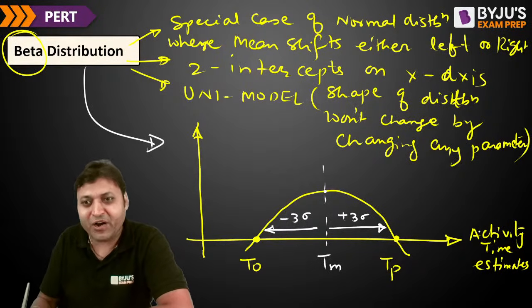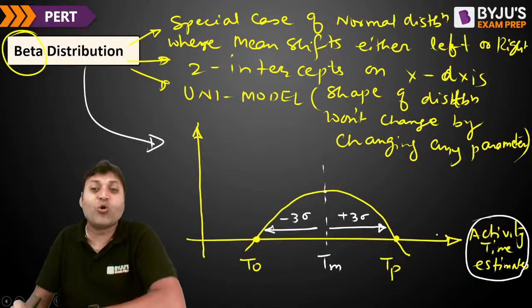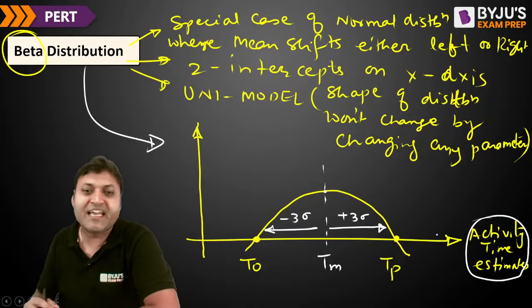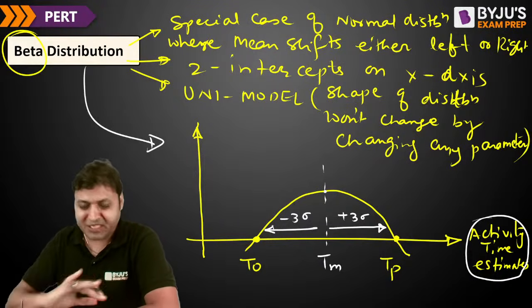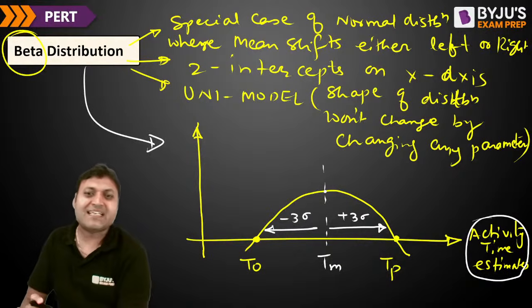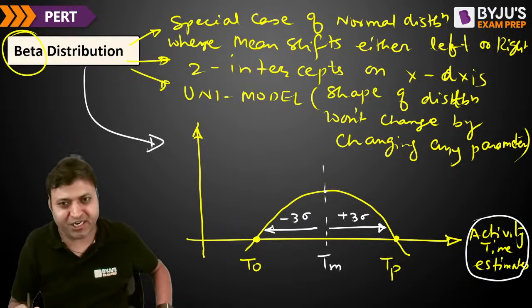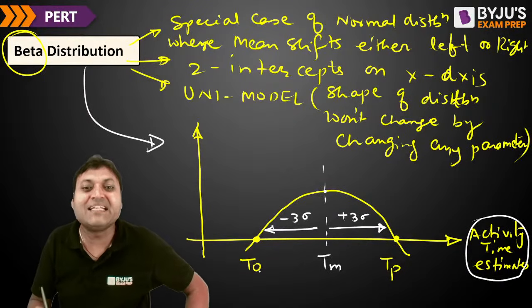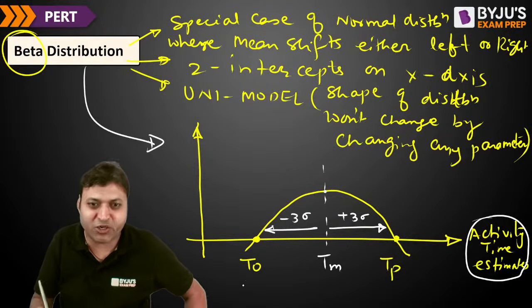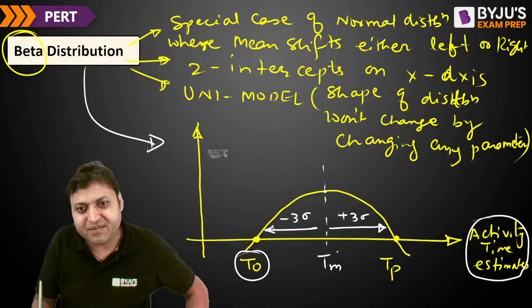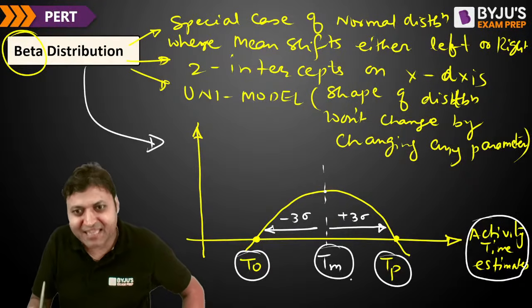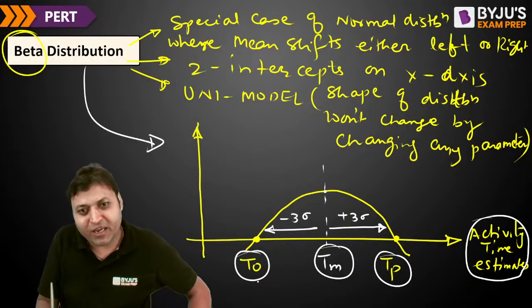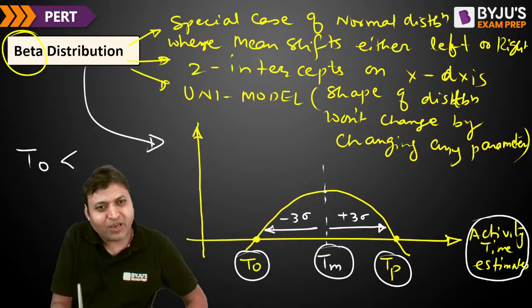Because there is high uncertainty in activity time, in CPM there is very little uncertainty because they are old projects. But here, because of more uncertainty, we define 3 time estimates for an activity: optimistic, most likely, and pessimistic time. TO is less than TM is less than TP.